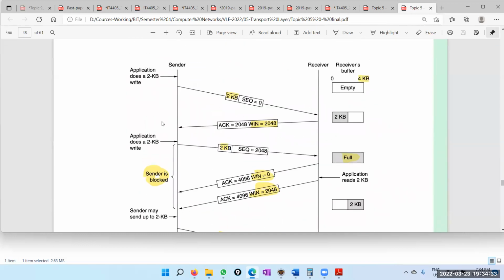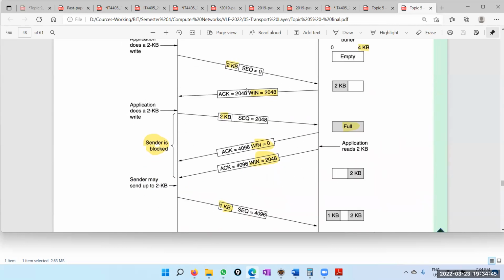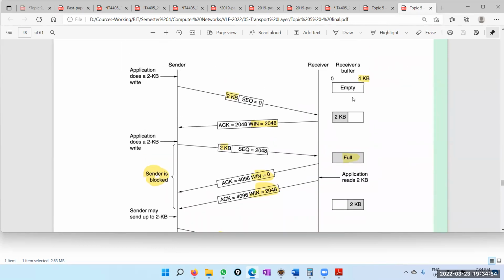So you can see that it sends the first. This is just an example. The first byte is sent and you get the acknowledgement, and only then you send the second byte. They are saying the buffer is 4 kilobytes, because initially the sender doesn't know the buffer size.